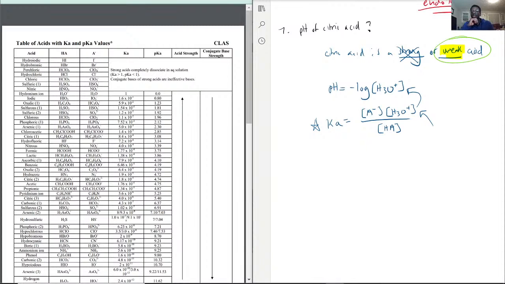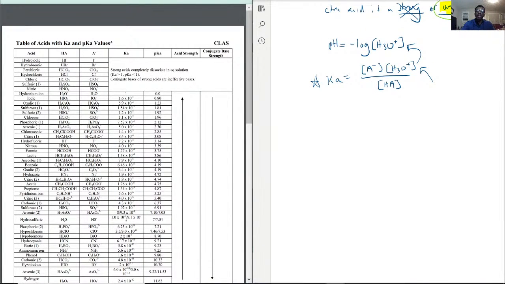How do we do this part? We can't just look at it and figure it out. We need to use an ICE table to figure out how much is dissociated exactly. So we have initial, change, and equilibrium. Sorry, I skipped ahead a little bit. Before we get there, the reason why we have this as our equation is because our formula actually is HA plus H2O, which doesn't count as part of our reactants because that's the solution it's in.